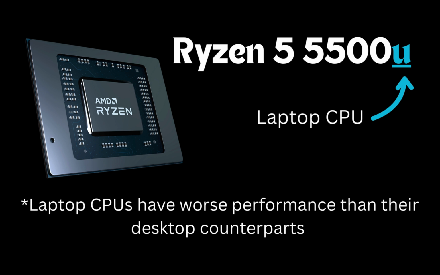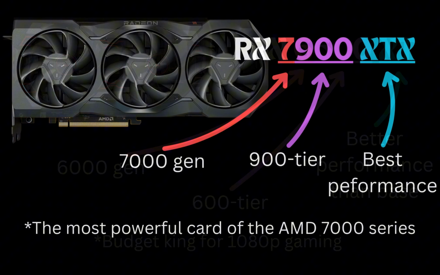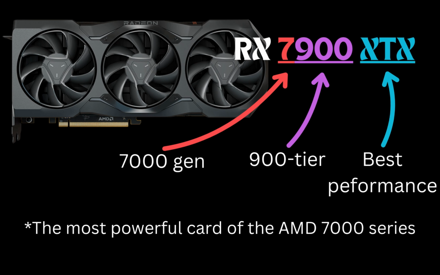Now, let's go over AMD's GPUs. XT means that it is an improved version of the base GPU model, offering better performance. For example, the 6600 XT is better than the 6600. XTX means a further improved version of the XT model, providing the highest performance. For example, the RX 9700 XTX.